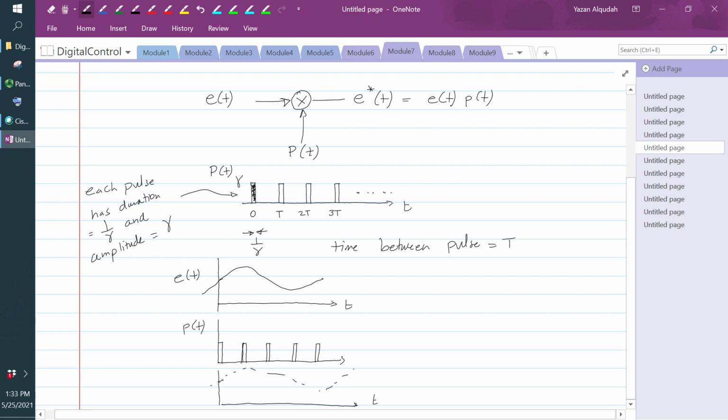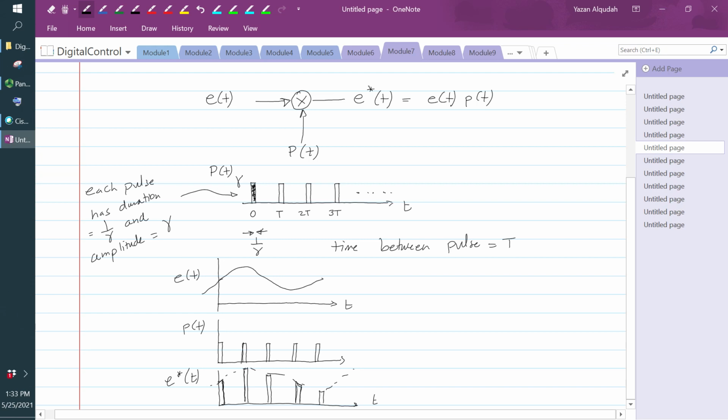So this pulse here is going to be scaled by the amplitude at that time. This pulse here is going to be scaled to give me this. The pulse here is going to be scaled. The pulse here is going to be scaled. Okay, now this signal is E star of t.